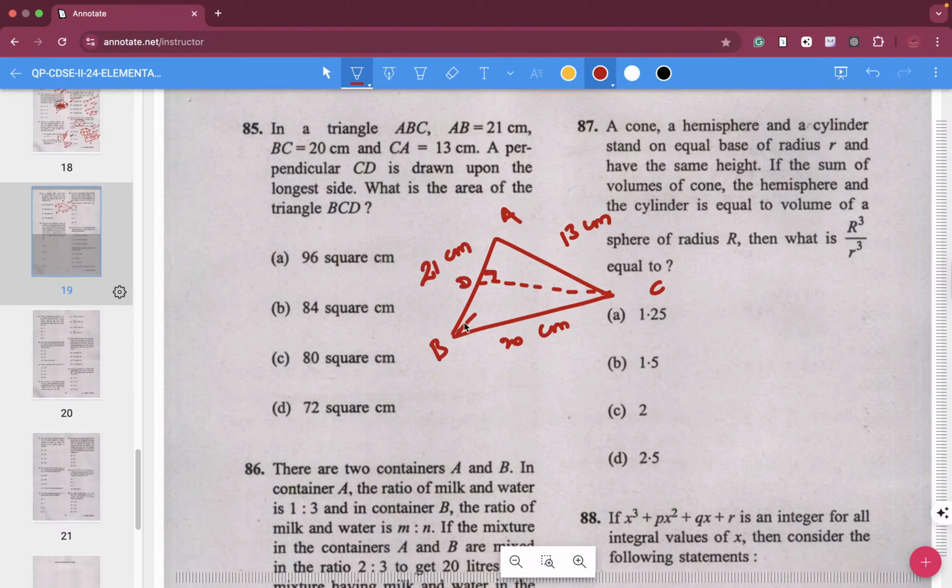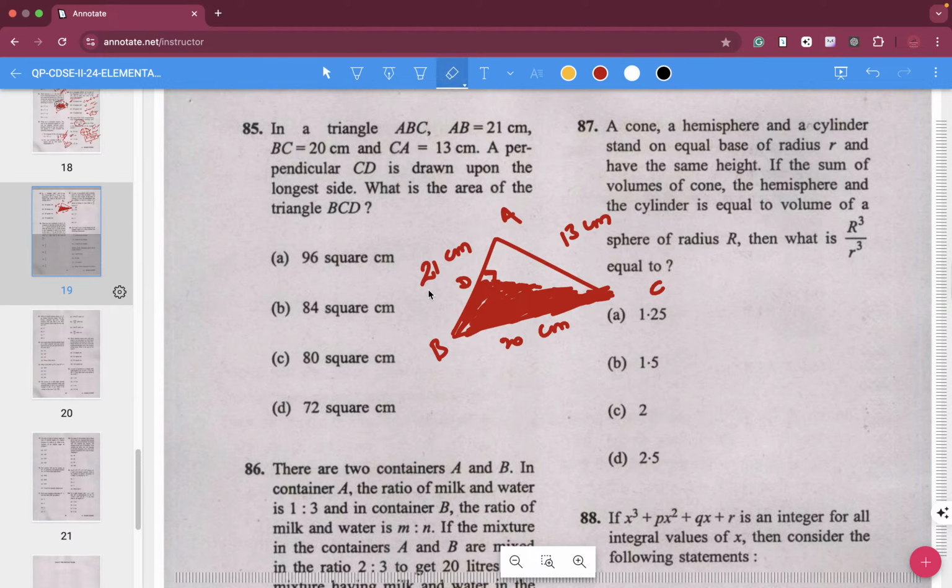Over here is D, folks. This is the value of D over here. This is the area that they have told us to find out.